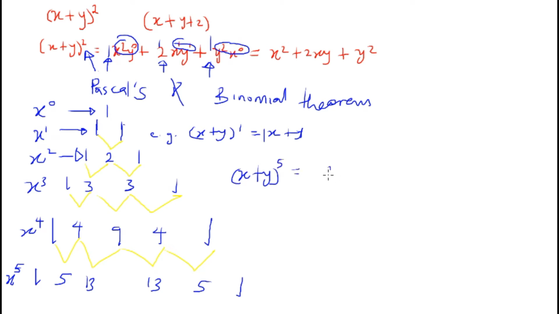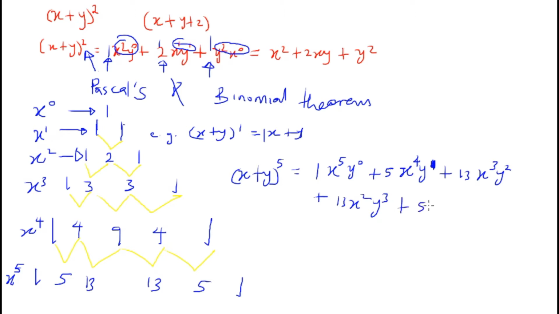I know that the power of x decreases and the power of y increases, so I'll have x raised to power 5, y raised to power 0 with the coefficient 1, plus the next coefficient, 5, x to power 4, y to power 1, plus 10, x to power 3, y to power 2, plus 10, x to power 2, y to power 3, plus 5, x to power 1, y to power 4, plus the last term, which is 1, x raised to power 0, y raised to power 5. So this is the expansion.